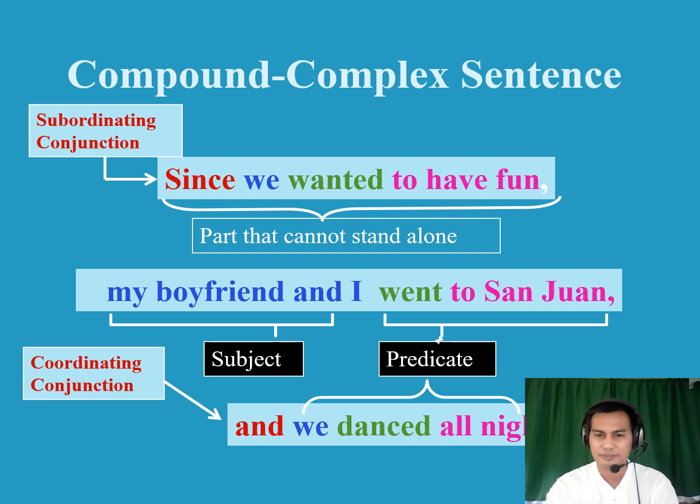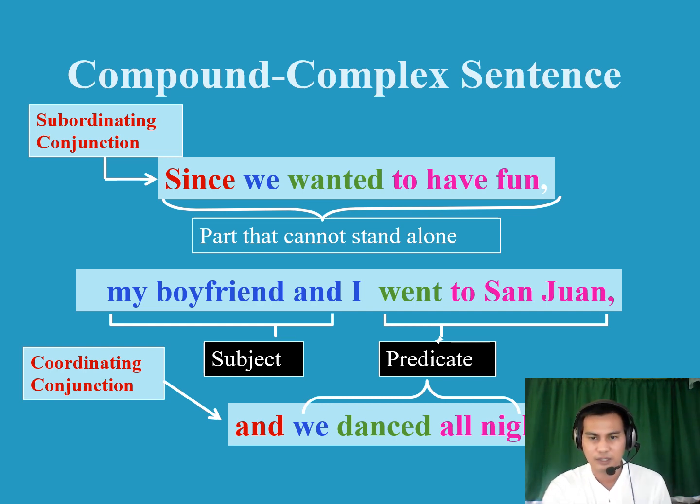Since we wanted to have fun, comma, this part still cannot stand on its own because of "since." Since we wanted to have fun, that's a dependent clause. My boyfriend and I went to San Juan. This is still an independent clause.